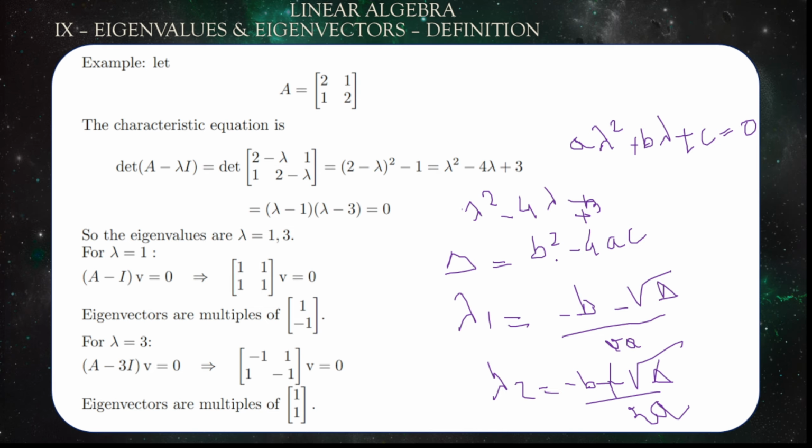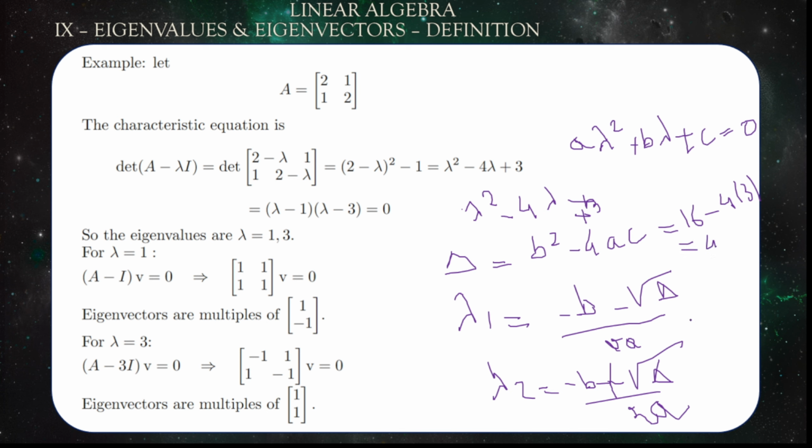All right, now delta is equal to b square minus 4ac. B square is 16, minus 4 times ac, which is 1 times 3. So 16 minus 12 equals 4.